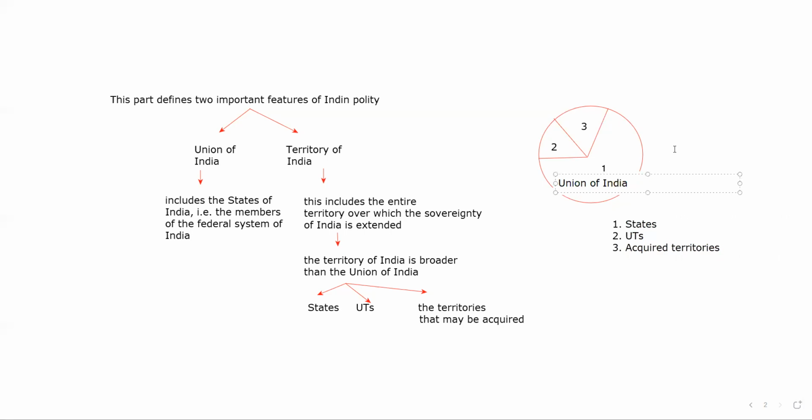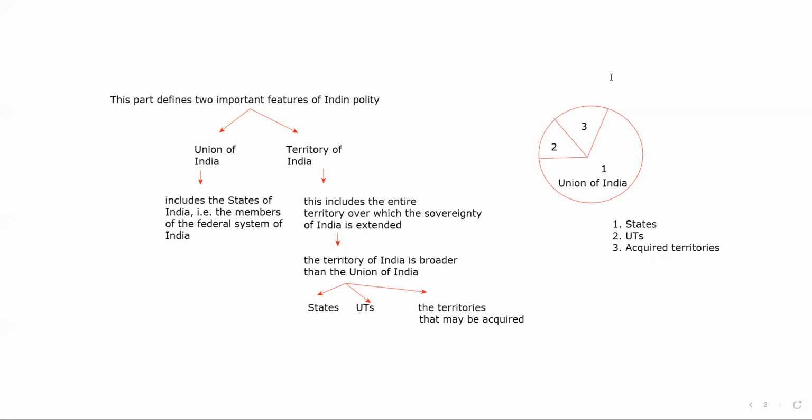So what is the conclusion? We conclude that the territory of India is a term which is broader than the Union of India. Territory includes three things. This is the main thing here.